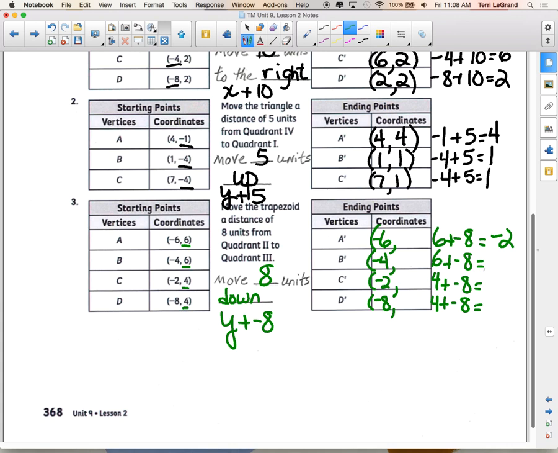The y's are going to change. We figured out that for A prime, our y value is going to be -2. For B prime, what's our y value going to be? -2. For C prime? -4. And for D prime? -4.